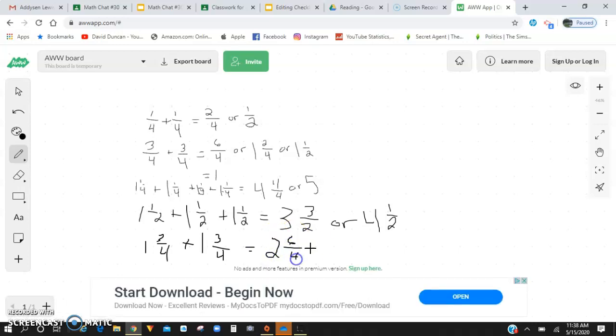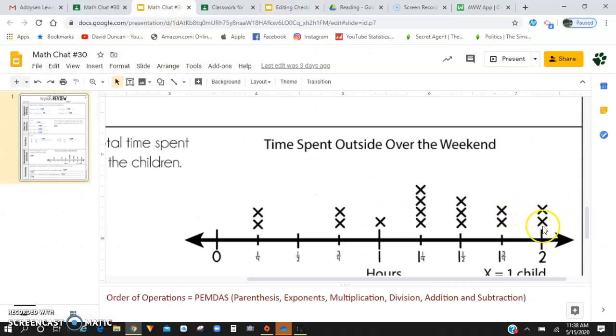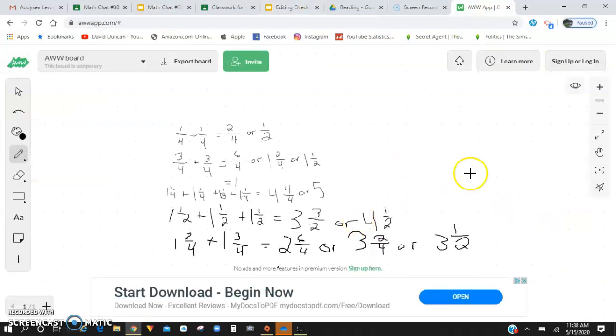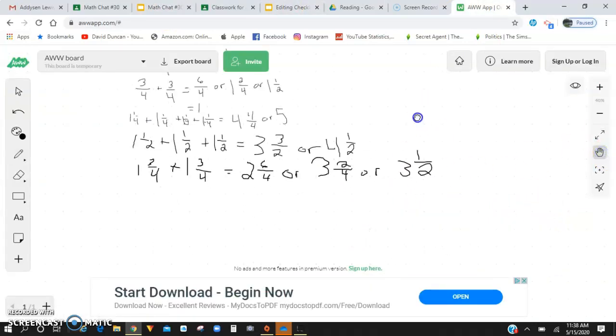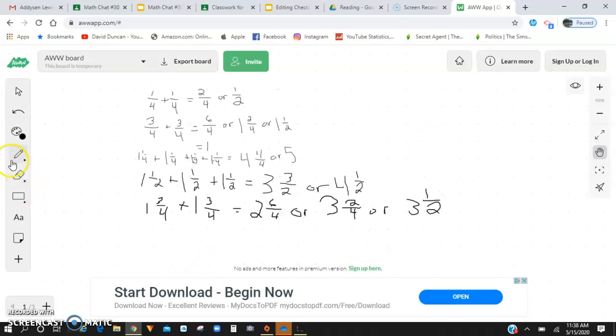Well, that's also equivalent to 3 2/4, or 3 1/2. And I think I have one left. Yes, I have two 2 2/2s, and 2 2/2 is just 4, because 2 plus 2 is going to be 4. So I have equals 4.